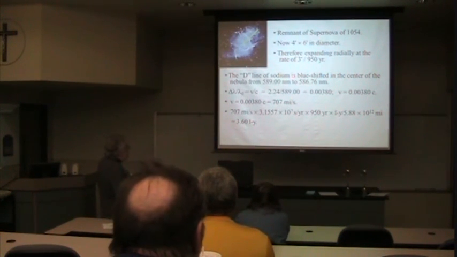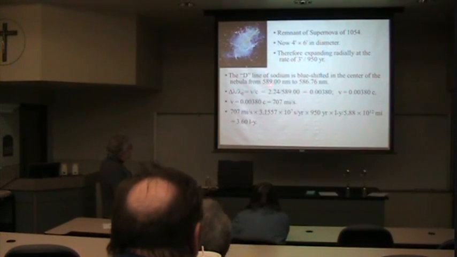The D line of sodium that I mentioned before has a laboratory value of 589 nanometers. It's blue shifted because when we're looking right at the center, that's coming towards us. That shock wave and the expansion is moving towards us, and it's blue shifted by a slight amount, down to 586.76 nanometers, a shift of 2.24.